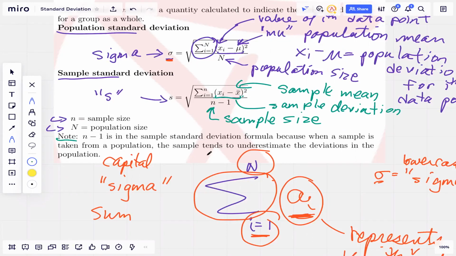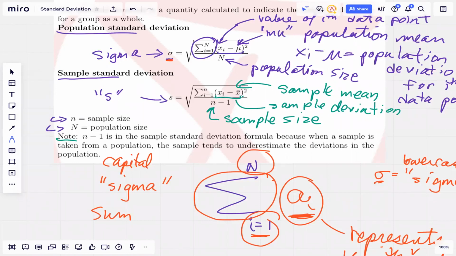So that's why we use n minus 1 rather than capital N. The deviations are most likely larger, but when you take that sample, you end up with a smaller deviation than you would have in the entire population.